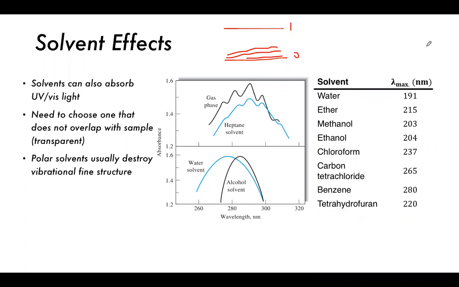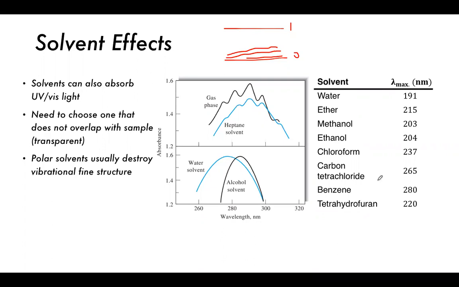And here are a number of wavelength maxes, which are where the maximum absorbance of our different solvents might be. So water is a common solvent, diethyl ether, methanol, ethanol, chloroform, carbon tet, benzene, THF, tetrahydrofuran.